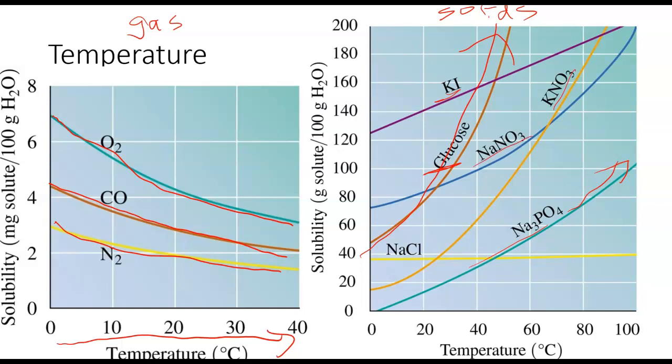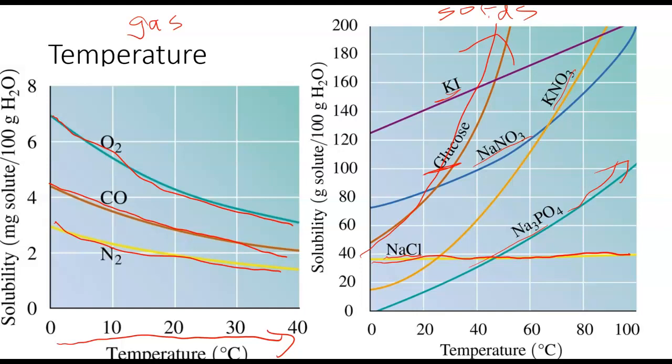Remember, all ionic compounds are salts. Sodium chloride increases only slightly. It's pretty stable across its temperatures, which is why it's such a good salt to use for so many experiments. But overall, you can see that the solubility increases as the temperature of the solution increases.